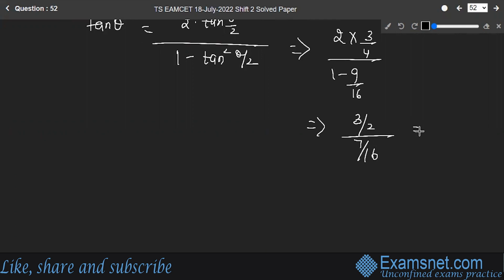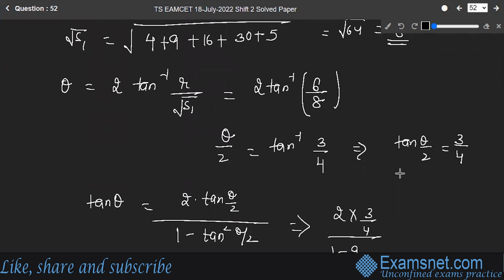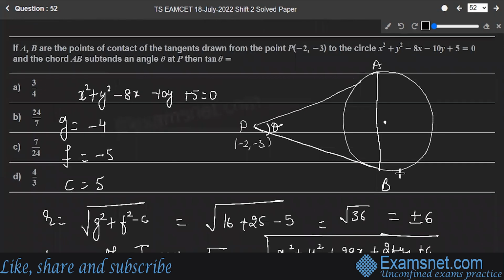That will be equal to 3 by 2 into 16 by 7, so 24 upon 7. This is the answer to the question, tangent of theta. That means I have option B as the correct answer. Hope you understood. Let's move to the next question.